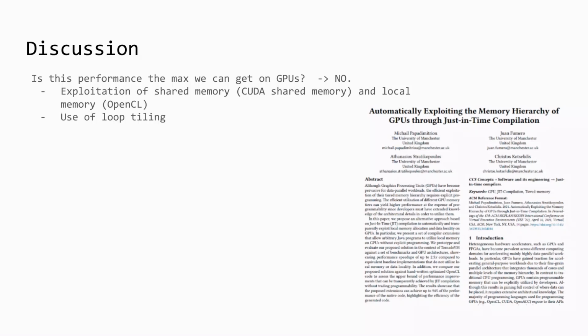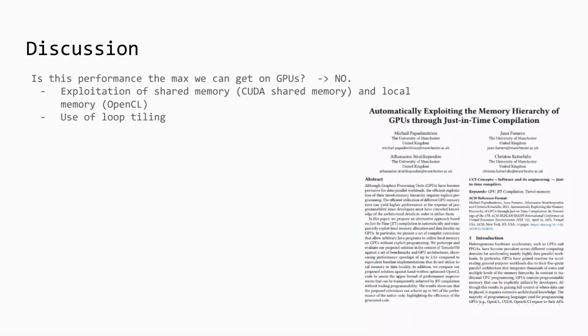One of them is the exploitation of shared memory, as in CUDA. CUDA calls it shared memory, and OpenCL calls it local memory. It's basically moving data from the global memory to a specific type of memory that is faster to compute, to do the reduction. Unfortunately, TornadoVM, the upstream version, doesn't include this.